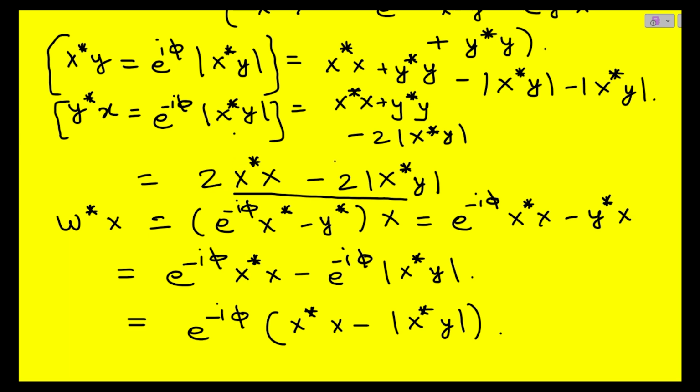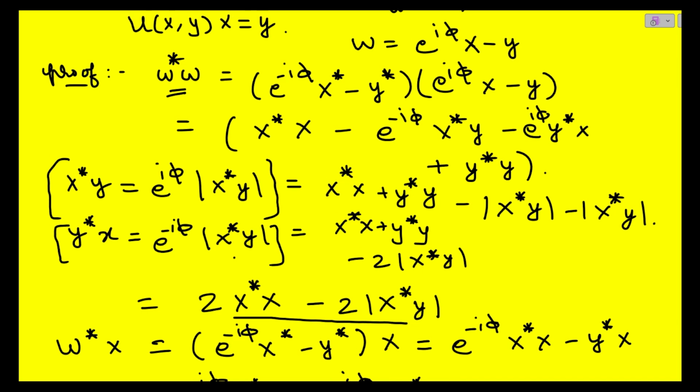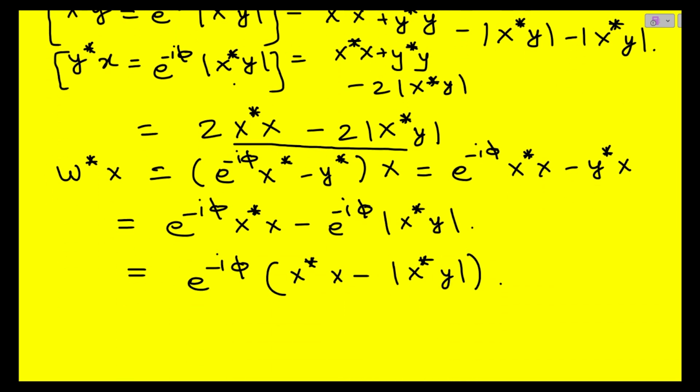And the whole thing was nothing but w star w. So we started with saying, okay, this is w star w, and you get this. And so what you can do here is basically e to the power minus i phi. This is w star w divided by 2, right? So that's what you get here.